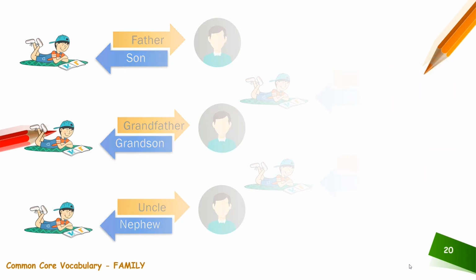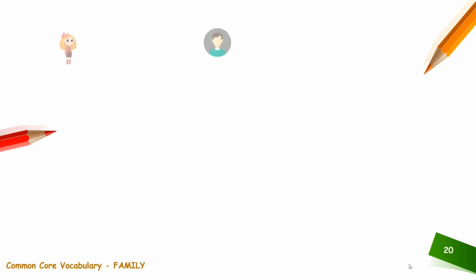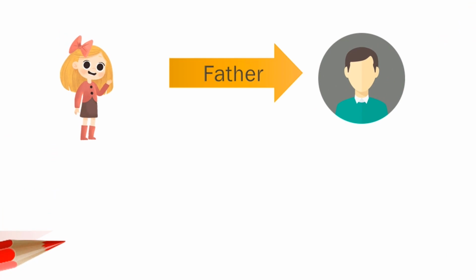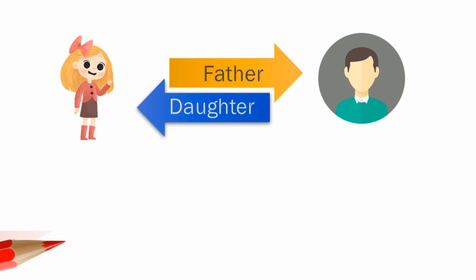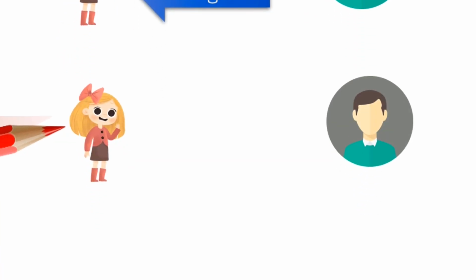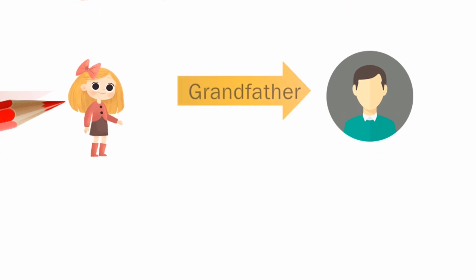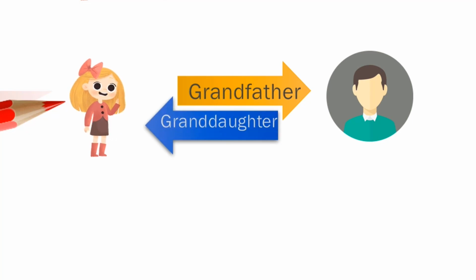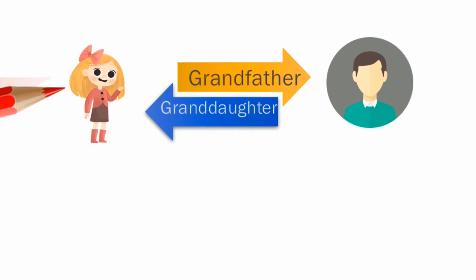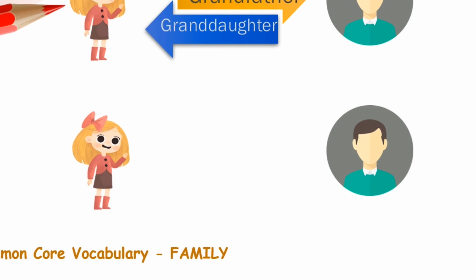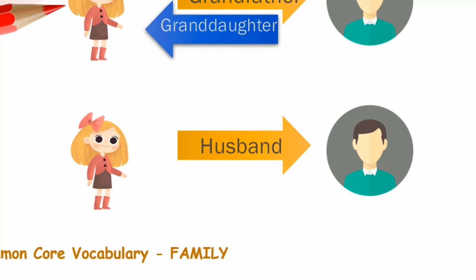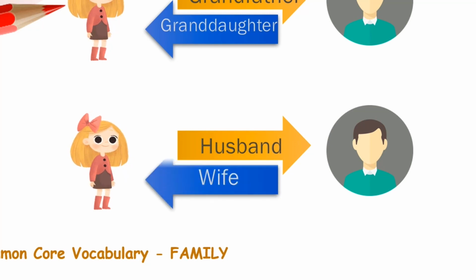Now, if it is the opposite and the girl is talking to her father, he calls her daughter. And if the girl is addressing her grandfather, he addresses her as granddaughter. Again, if the girl calls him her husband, when she grows up, he calls her his wife.